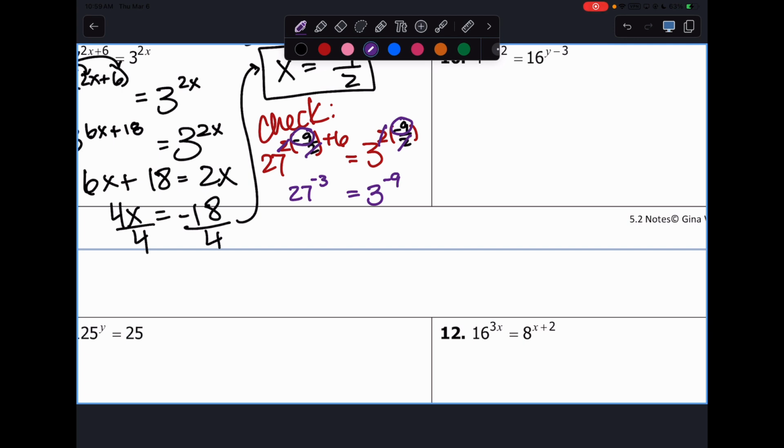What you got? Really small. So 3 to the negative 9th power. Do that one. Is it the same? No? It's different? I don't think 27 to the negative third power is 5.7. I think it should be more.